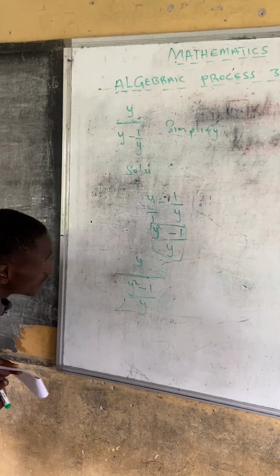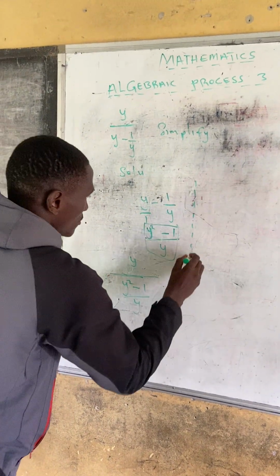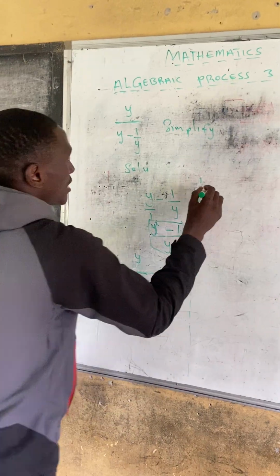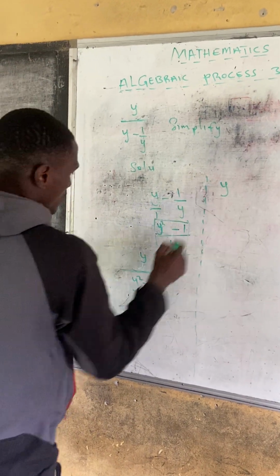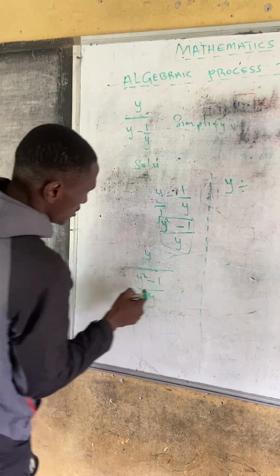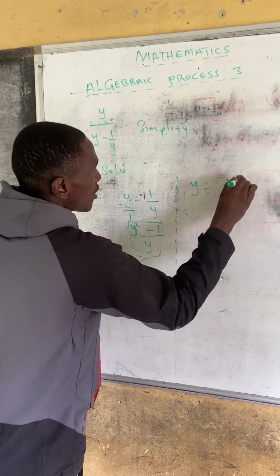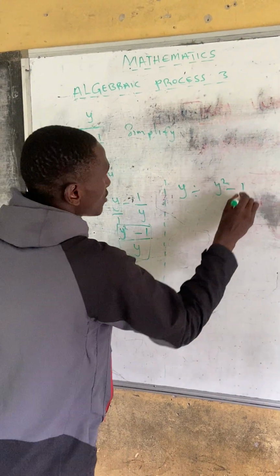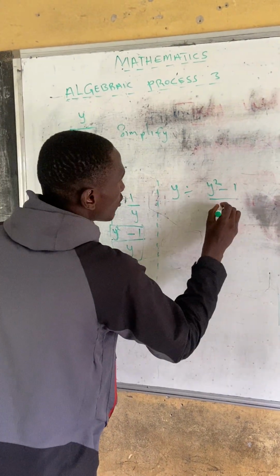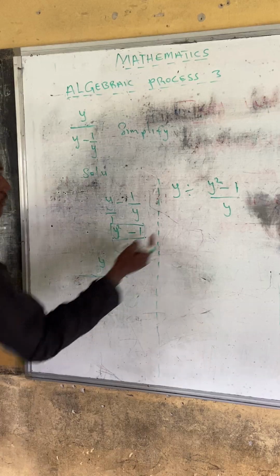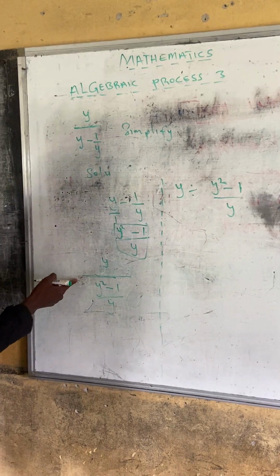Now you can write y divided by y raised to power 2 minus 1 all over y, because this division is the same thing as this one.